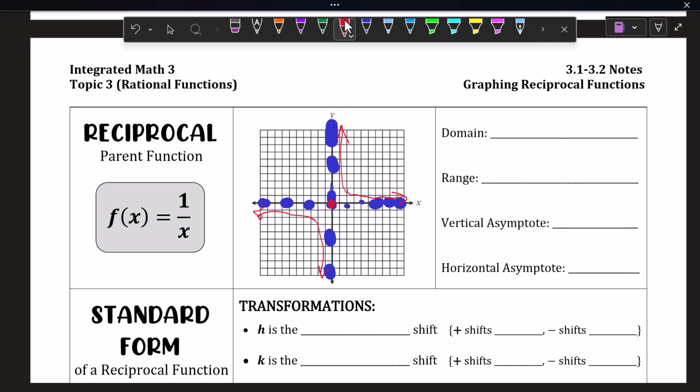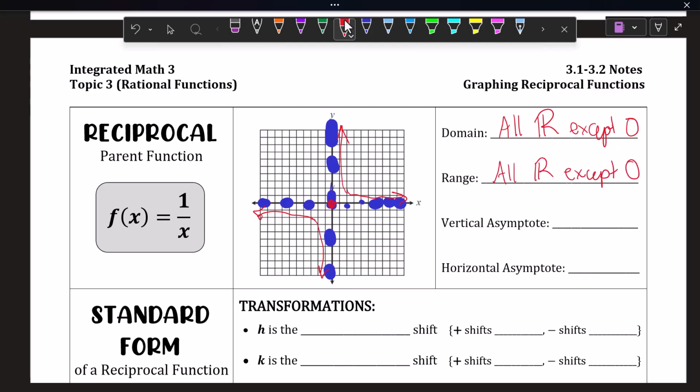So what's our domain here? Well, it's not all real numbers, except... the domain is our x. We can't have an x of 0 because that's on that blue dotted line. We can't have that. And same goes for the range.